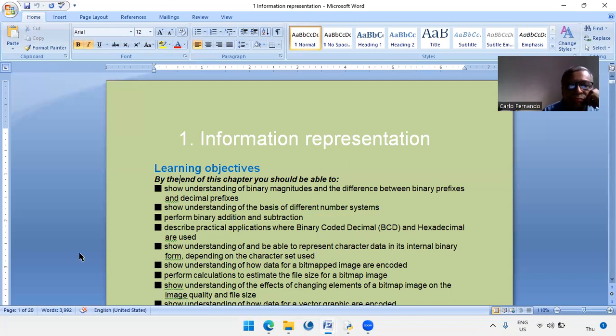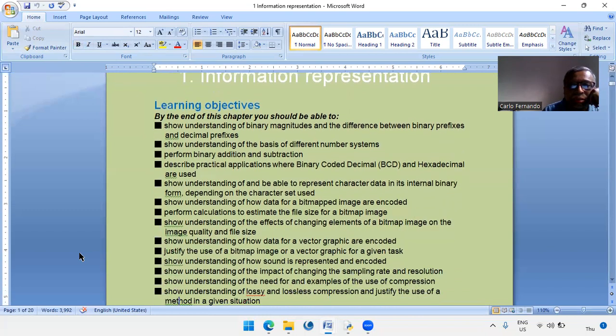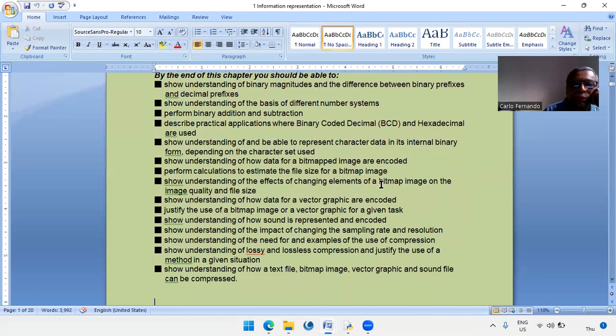So understanding of how data for a bitmapped image are encoded. The images have to be encoded, like when you create and save a file. They have to be coded. So how are images encoded?